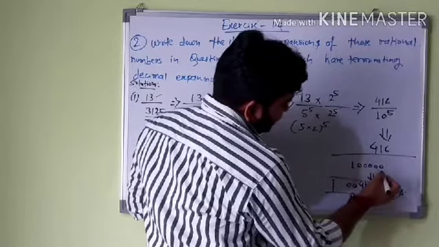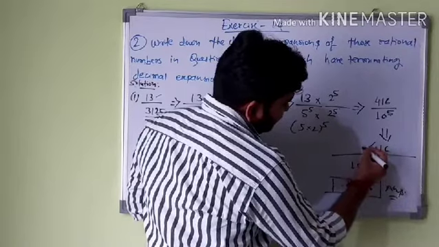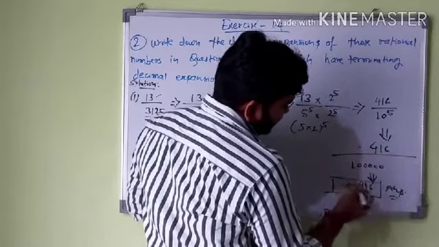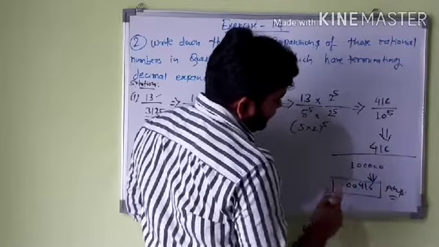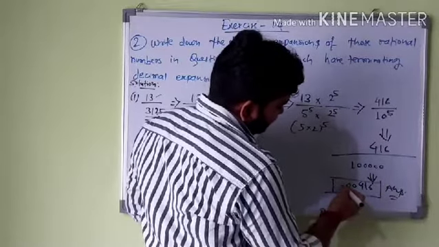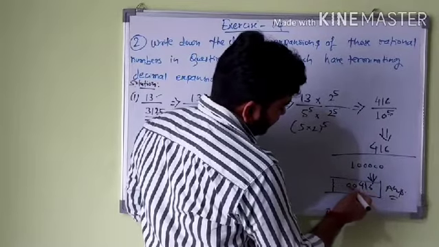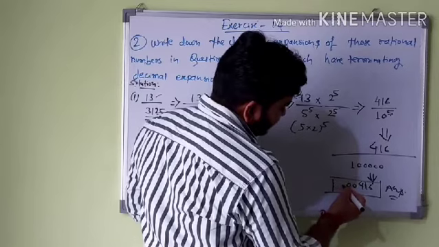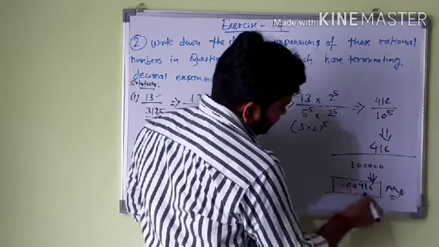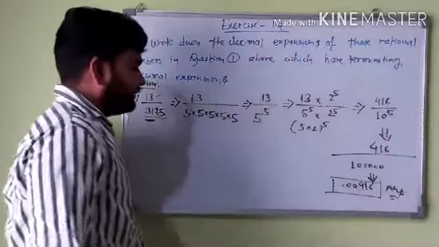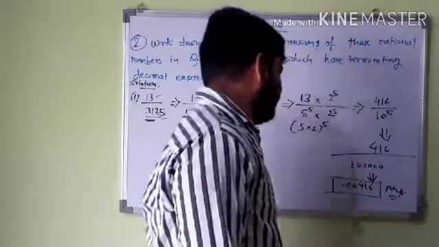So there is a 5, which means we require 5 digits, so we can put zeros before the number; writing 0 before the number makes no change. Here 5 digits, that means 1 2 3 4 5, and after those 5 places we can write a point, as in the decimal form. So our final answer is 0.00416.